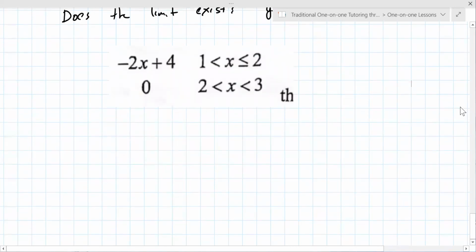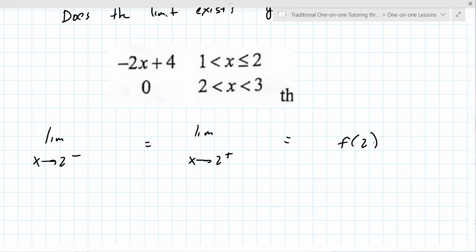So we want to do the limit as x approaches 2 from the left, the limit as x approaches 2 from the right, f of 2. Okay. So negative 2 times 2 plus 4, that's negative 4 plus 4, which is 0. So yes, it does exist.